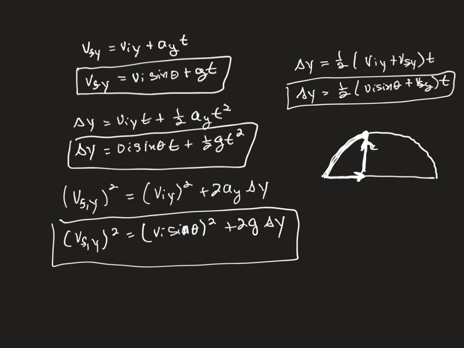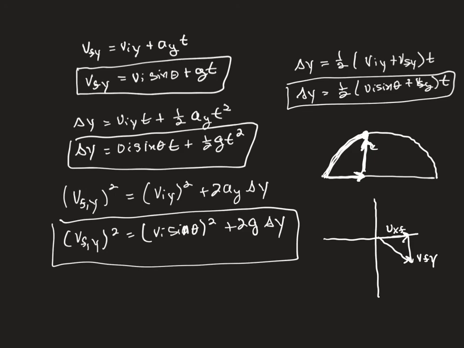The other thing I want to point out is that we have v final in the x and we have v final in the y. Those are components of the final velocity. They're not individually the final velocity, which means that once you have v final in the y and v final in the x, you would have to do essentially the end of the component method, where you would add r of x and r of y. Well, let's say it's an object falling downward. So we would have a positive v of x final, and we would have a negative v final in the y.